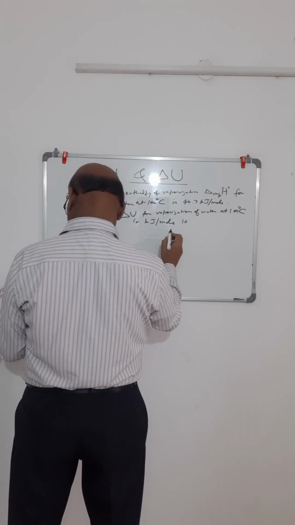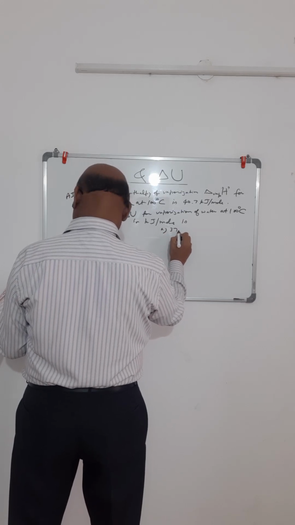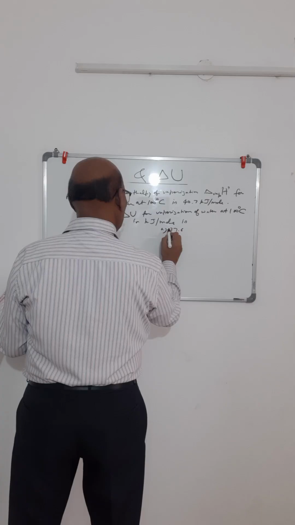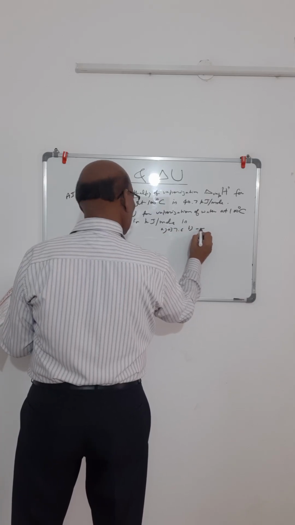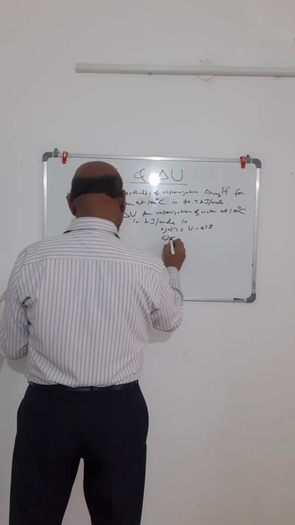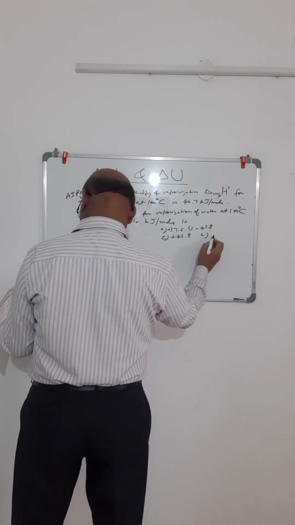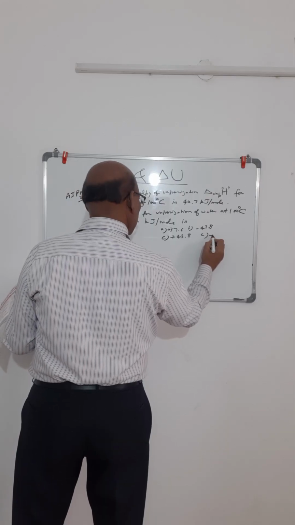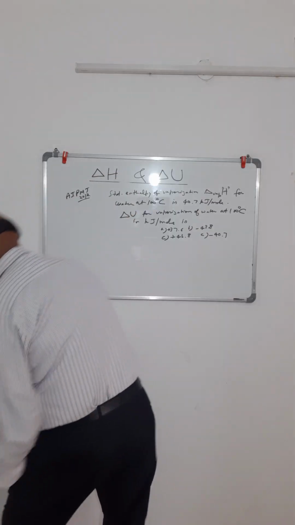Four options are given to us: A is plus 37.6, B is minus 43.8, C is plus 43.8, and D is minus 40.7. So these are the options given to us.